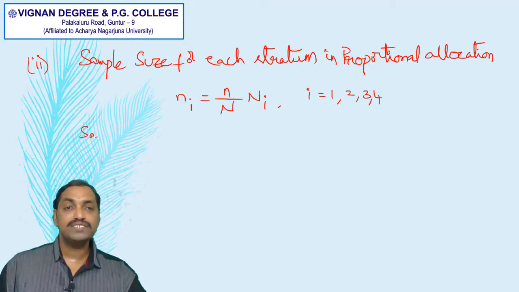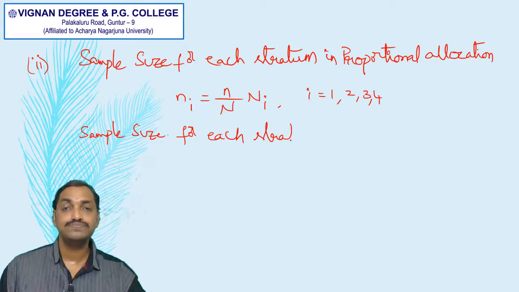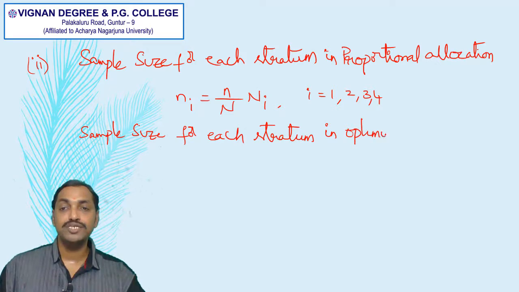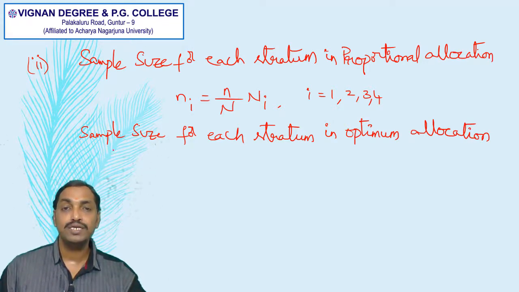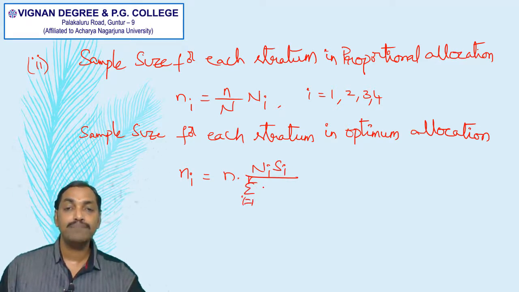Similarly, the sample size for each stratum in optimum allocation is given by the formula small ni is equal to small n into capital Ni Si divided by summation i is equal to 1 to k capital Ni Si, where i is equal to 1, 2, 3, 4.